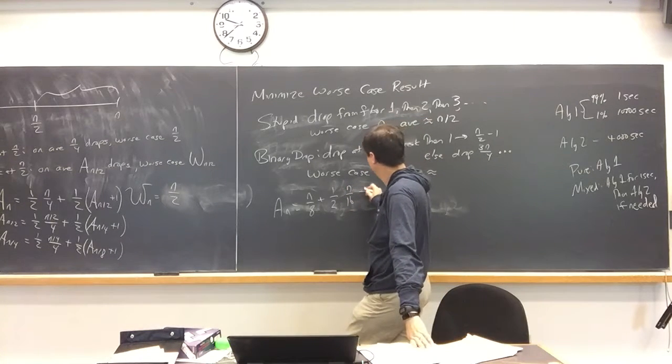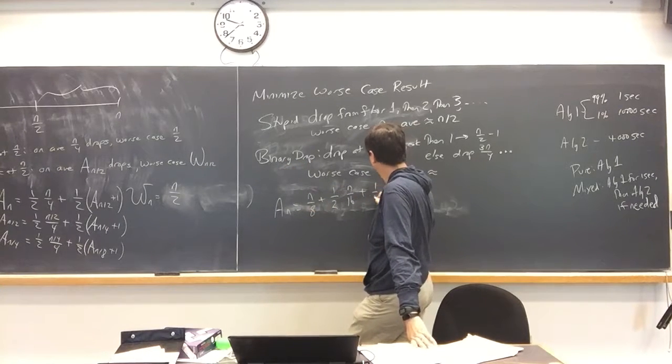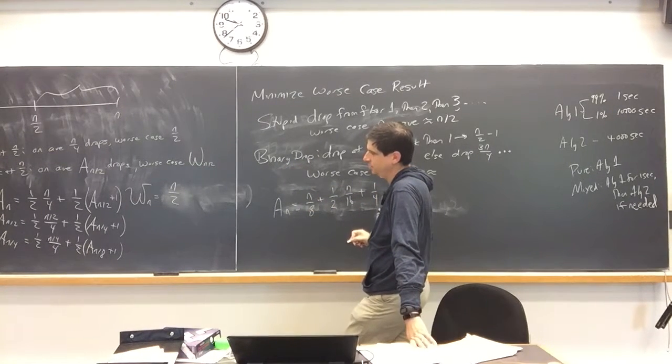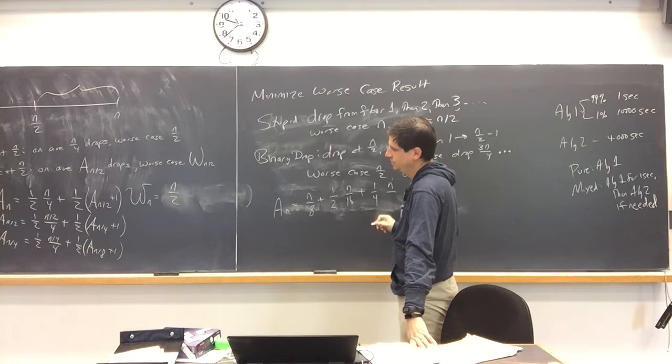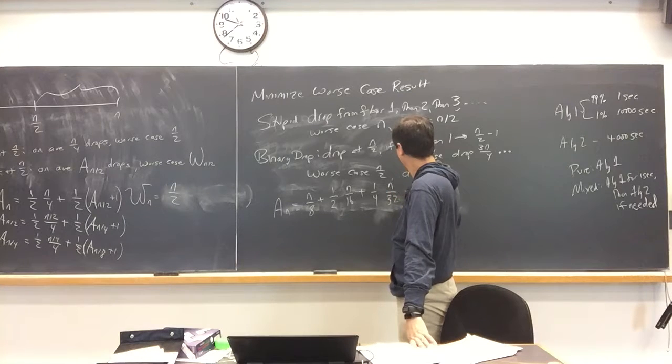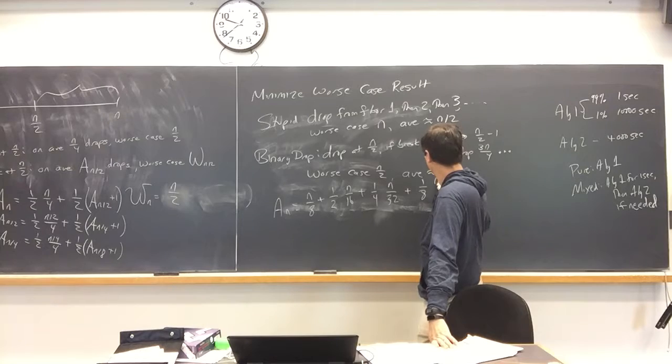And then we have a 1/2, and a 1/2 will become a 1/4, and then the n over 4 will be n over 32, plus, now we'll have, I think, a 1/8, and we'll have n over 64, I think.